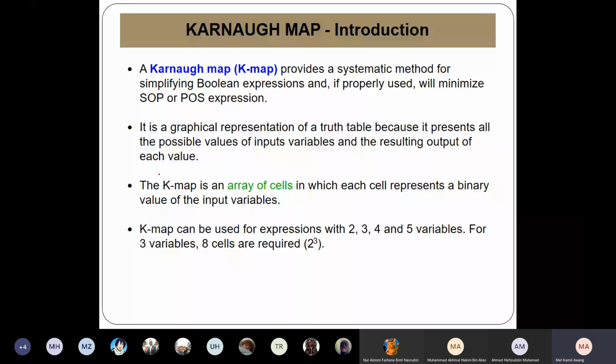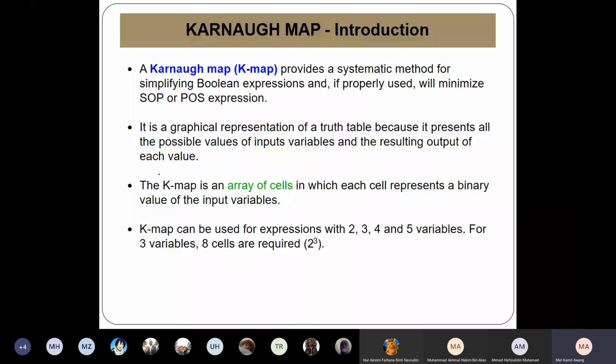So for 3 variables, you require 8 cells, because 2 to the power of 3. For 2 variables, you have 4 cells.